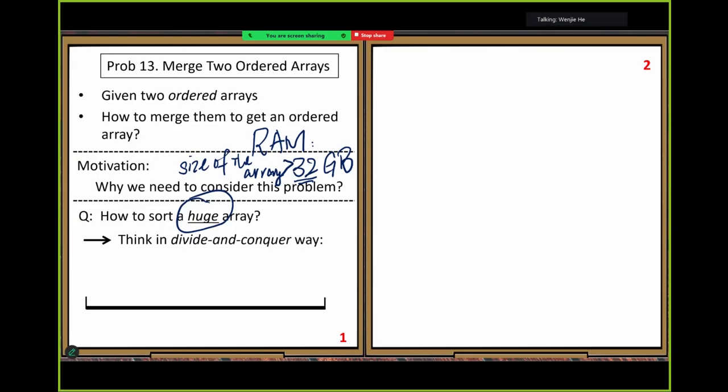So let's divide our original huge array into multiple segments, and make sure the size of each subarray is less than the size of our RAM. So we can load each subarray into memory and run our sort algorithm, get it sorted.